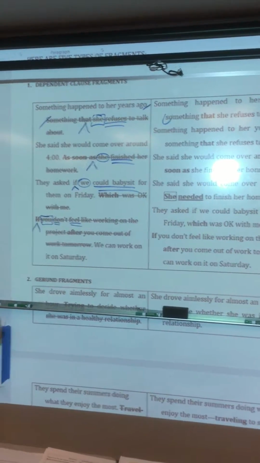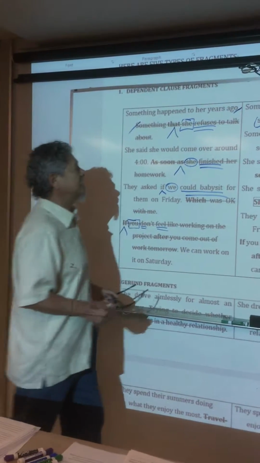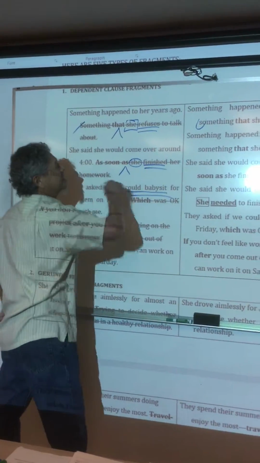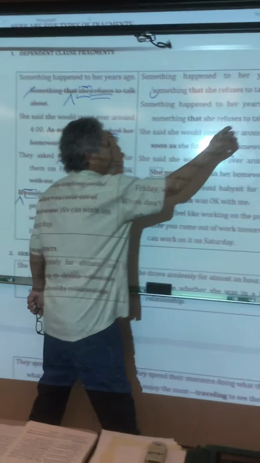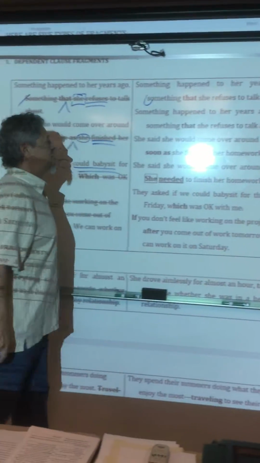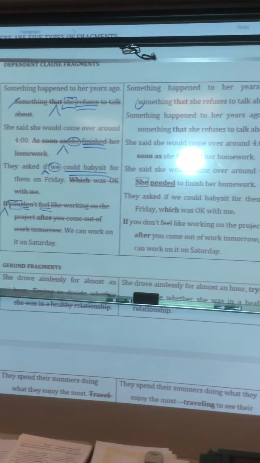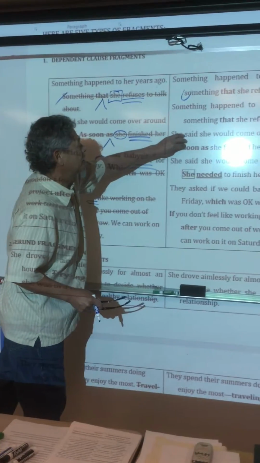The period, and after, a capital. So it's the same period here. But now the fragment has a subject and a verb. Do you see it now, Gregoria? Okay, very good.